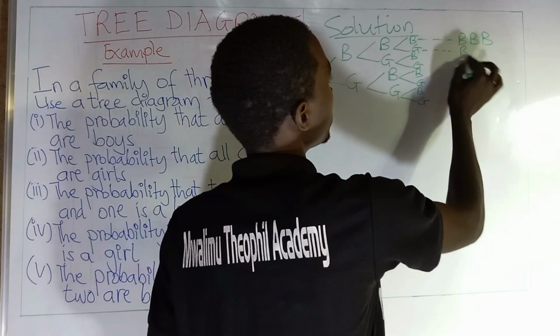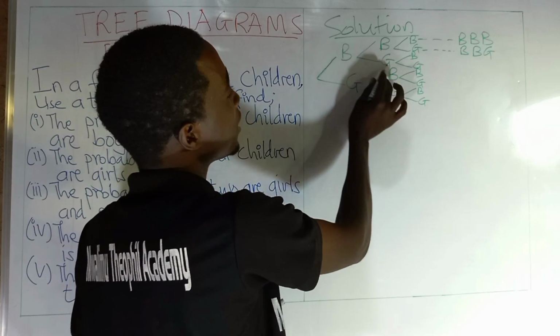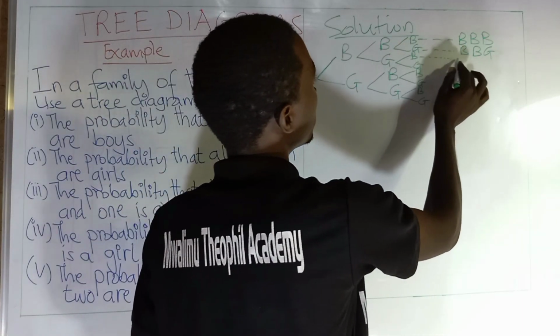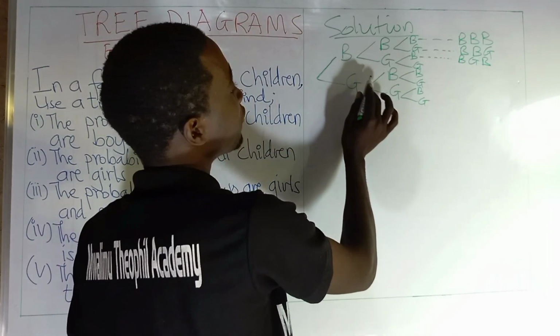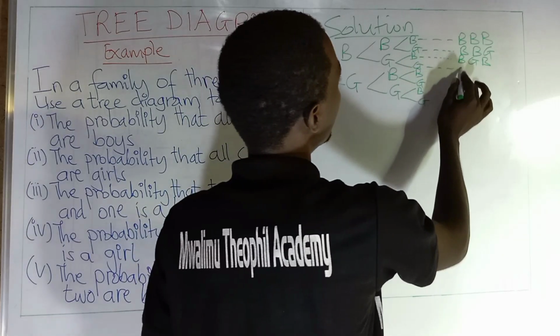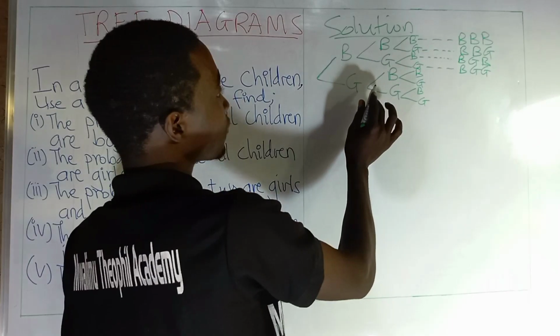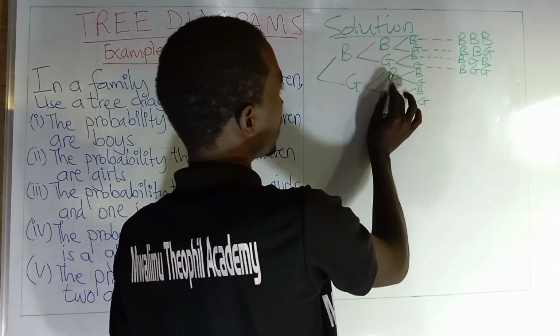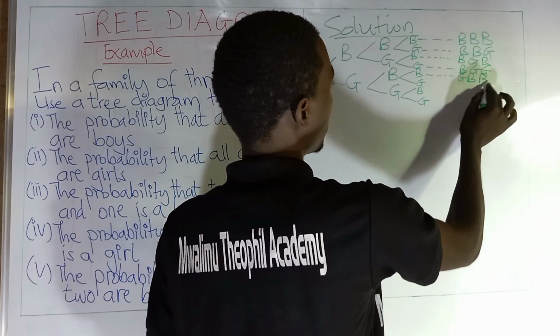Our third combination is boy, girl, boy. Our fourth combination is boy, girl, girl. Our fifth combination is girl, boy, boy.